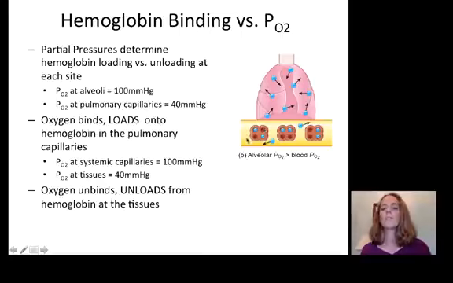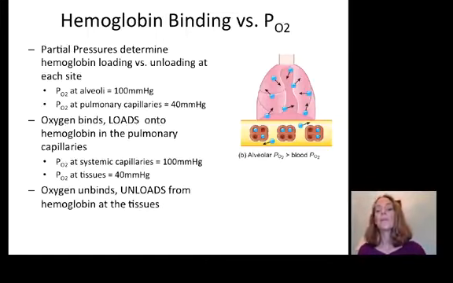So what we're going to do is look at the binding of hemoglobin and compare it to the partial pressures of oxygen in different environments. And what this really is asking is how cool of a molecule is hemoglobin? And the answer is hemoglobin is super cool.